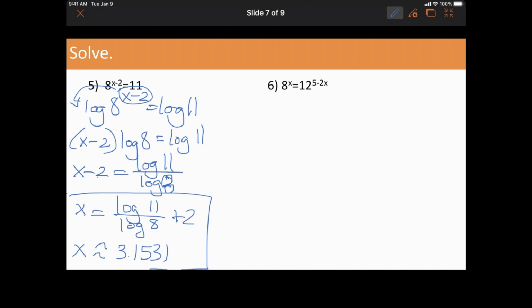This one's going to be a little bit more tricky. This next one. The reason why is because there's a variable on both sides. But same thing, because it's an exponential, I'm going to log both sides. And when I do that using the power property, I'm going to power down.